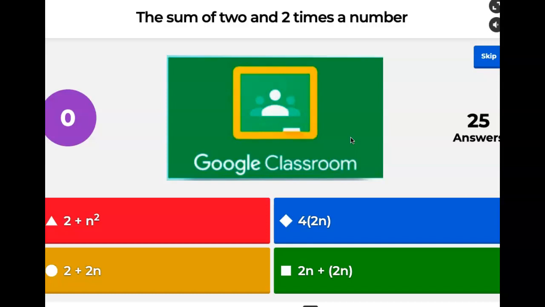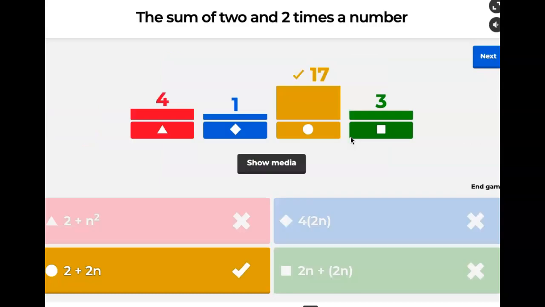I'm expecting everyone to get it right. Oh my god, no. So, n to the power of 2 is not 2 times. It's the power of 2. 2 times is like 2 times. Very simple explanation. And here you got 2n plus 2n. It is a sum of 2 times a number.